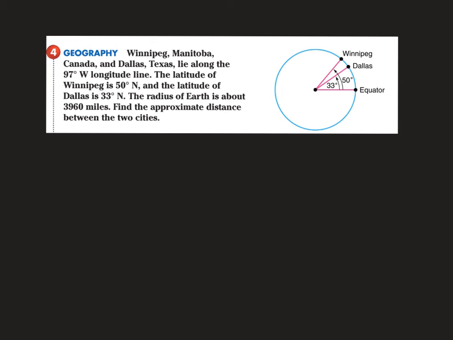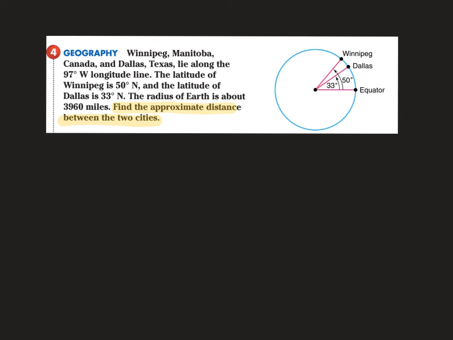And then we're told that the latitude for Winnipeg is 50 degrees north and the latitude of Dallas is 33 degrees north. We're also told that the radius of the Earth is approximately 3,960 miles. Our job is to find the approximate distance between the two cities.